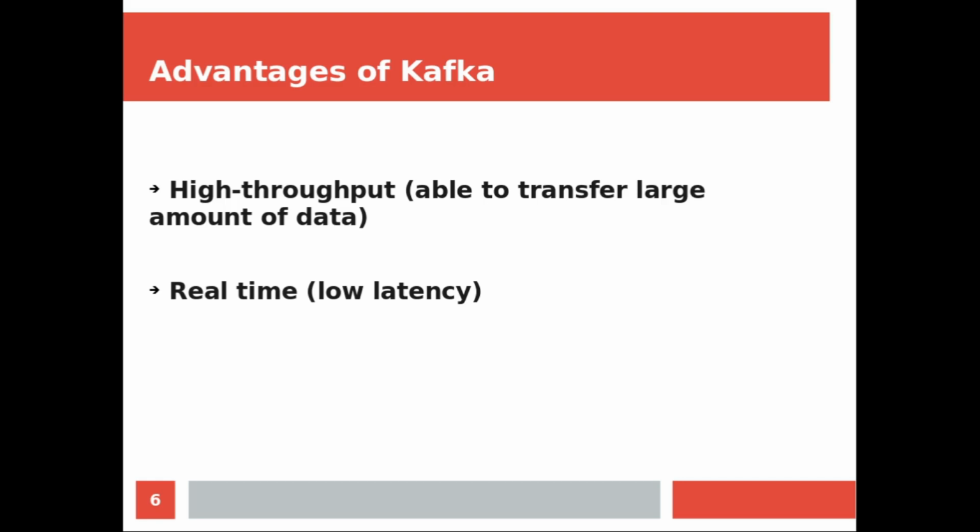So we can say that Kafka is really a real-time transferring platform, and also it's really easy to scale. You saw in the previous example how easy it was to add an additional data source, and also Apache Kafka is a really fault-tolerant system.